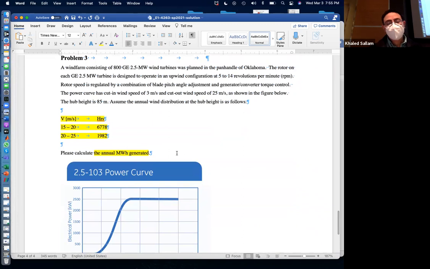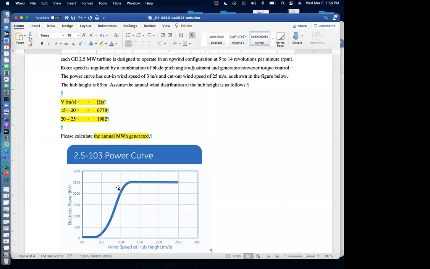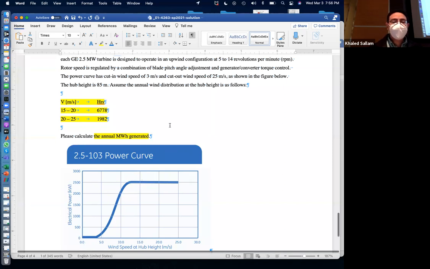Third problem. 800 turbines, each one of them behaves like this. Each one of them at rated power produces 2.5 megawatts, and when the speed is lower, you get less and less power according to that curve. What does he want from us?